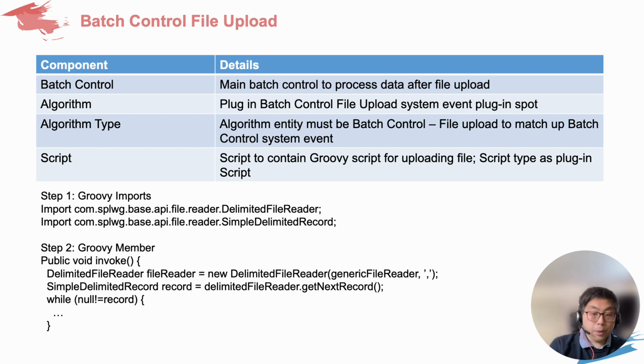So that's pretty straightforward. I think the key of Groovy is you need to understand how the library works and what functions you can use. Otherwise, it will be a bit difficult for you.